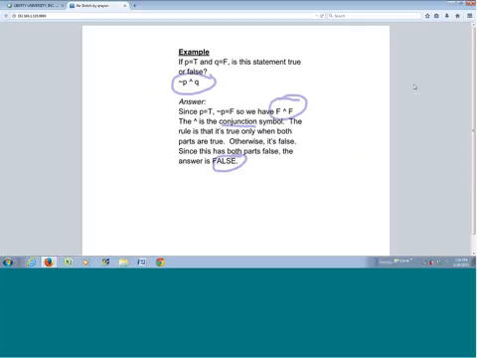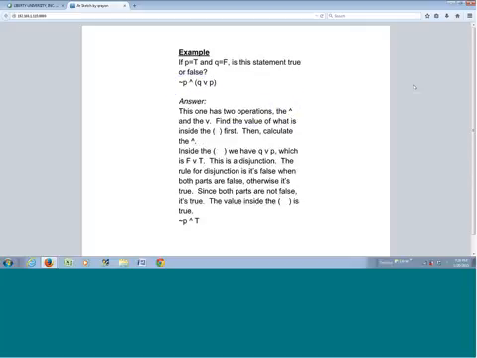Okay, so let's do another example. Let's say P is true, Q is false. Is this statement true or false? Again, we have negation of P, and then we have P and Q. Now notice we have 2 operations here. We have the disjunction and we have the conjunction. And just like when working problems in algebra or numbers, you have to do what's inside the parentheses first.